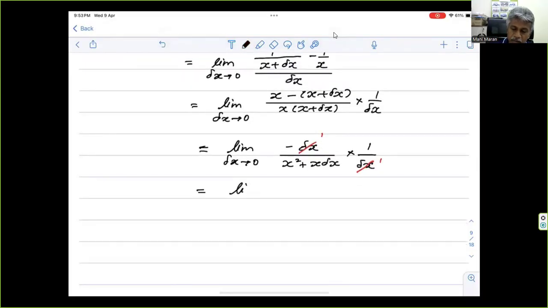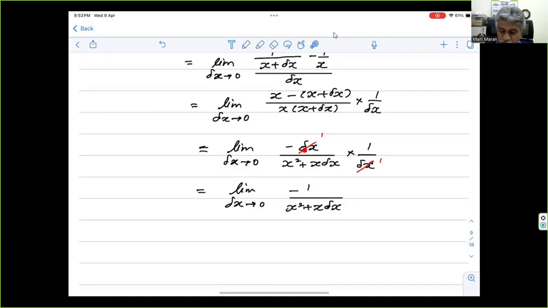So this will give you limit delta x approaches 0. You'll get negative 1 over x squared plus x delta x.